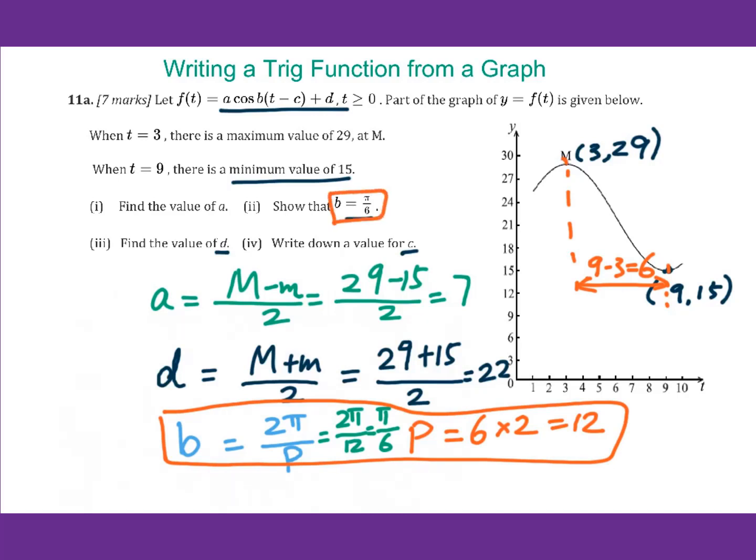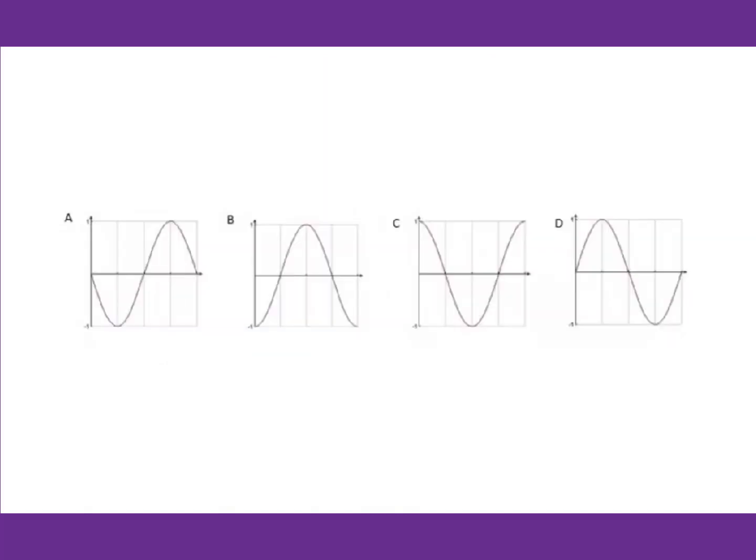Now we need to figure out the C. C, we call this a starting point. Let's talk about the pattern of the function. This pattern will be a sin x.